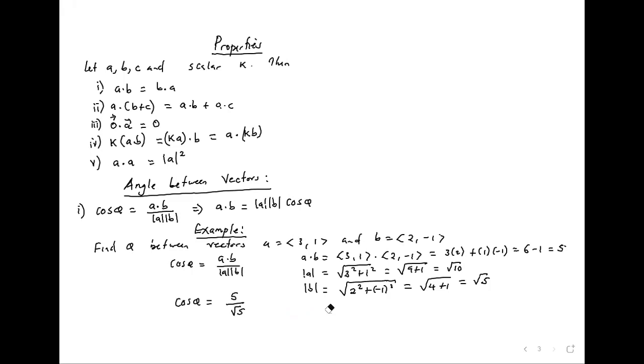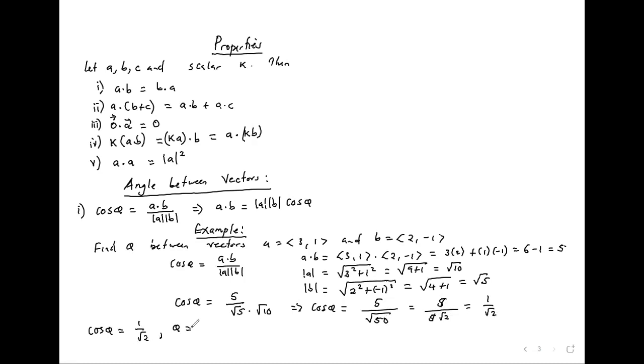We left out one: the product of the magnitudes, root 10 times root 5. So here we are saying that cos theta is 5 over root 50, which is 5 over 5 root 2. So these will cancel and we get 1 over root 2. So cos theta is equal to 1 over root 2.